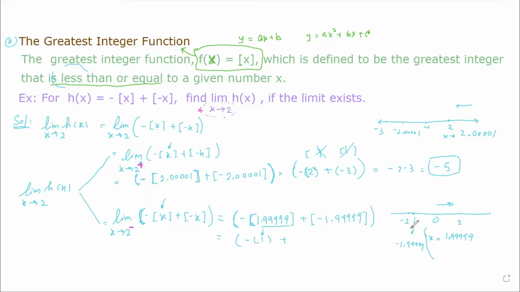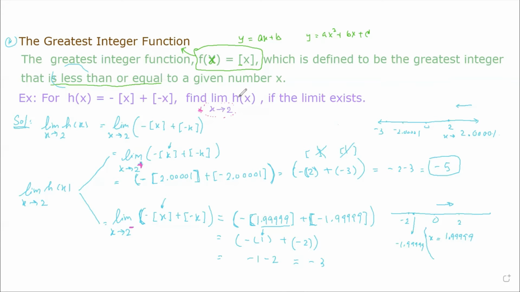So the integer which is less than negative 1.9999 is what? The next one is negative 2, right? Now it becomes open, because after you read, it is not in the greatest integer sign anymore, okay? So you have minus negative 2 and then close. After that you can simplify. This becomes minus 1 minus 2, and then sum it up, negative 1 plus negative 2 becomes negative 3.